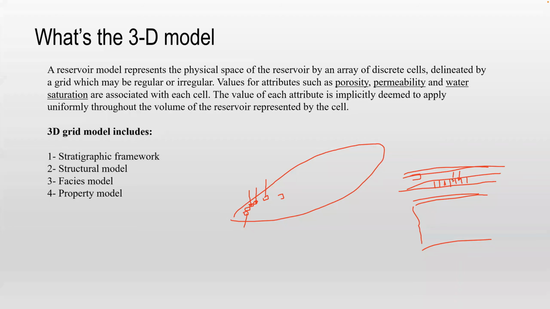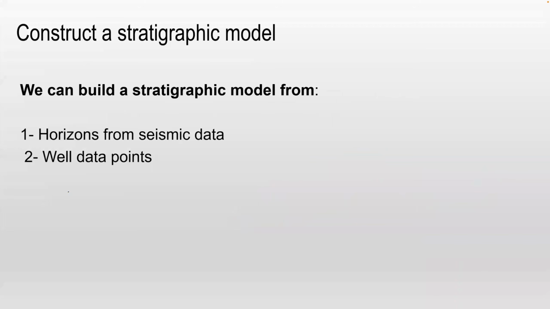For example, pore volume of the reservoir, or something like that. So for creating this 3D model, at first you must create a stratigraphic framework. After that, a structural framework, facies model, and property model. Let me show you in the next slide.